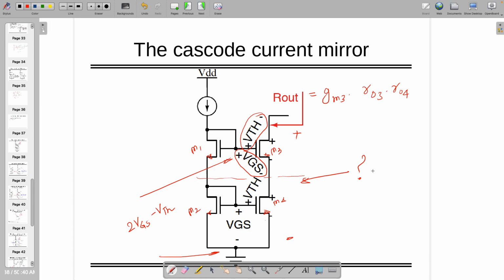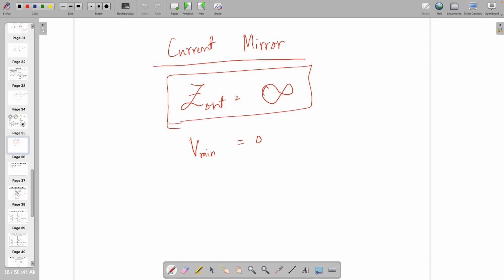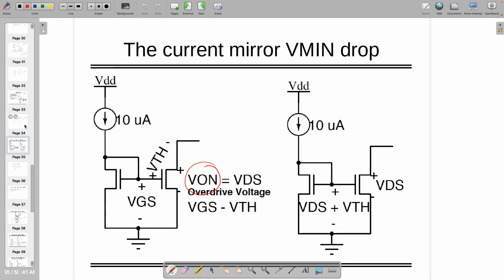So how much is the voltage over here? Is it correct or not? Let's go back to the basics. What we were finding here: VDS plus VTH. So that's why it was VDS, right?